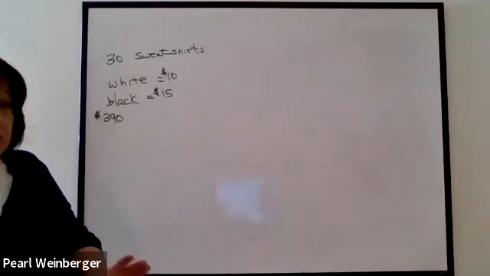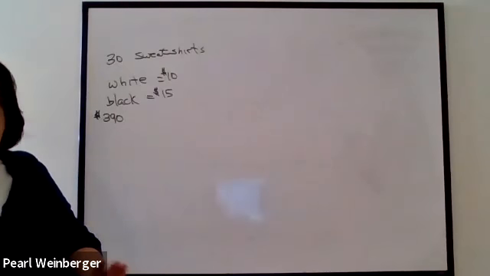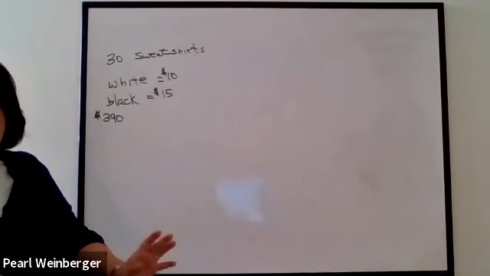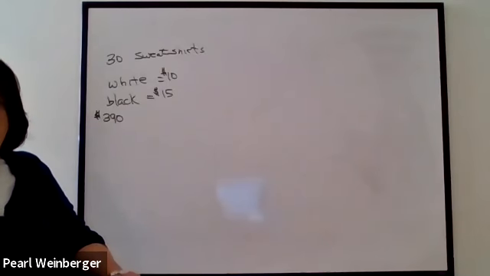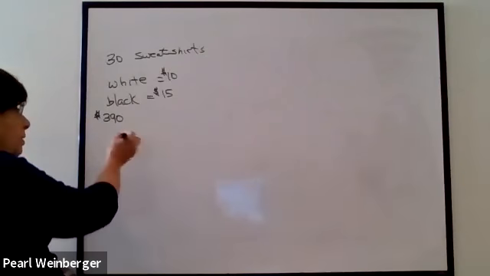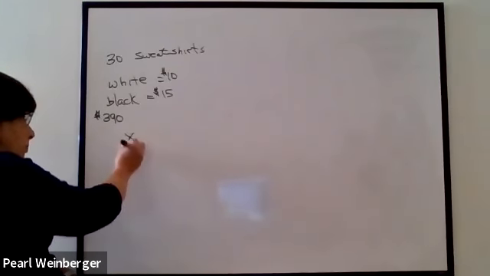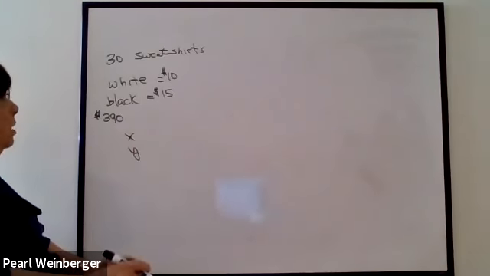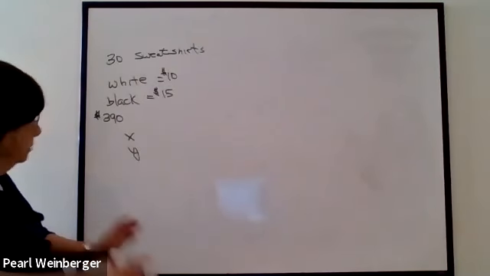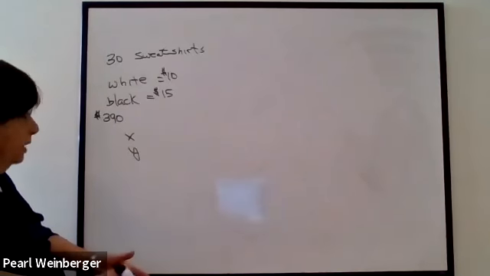Now, again, the first thing we want to do is set up what our variables are going to represent. I like to call my variables X and Y. Somebody might tell you to call X black and X white and Y black.